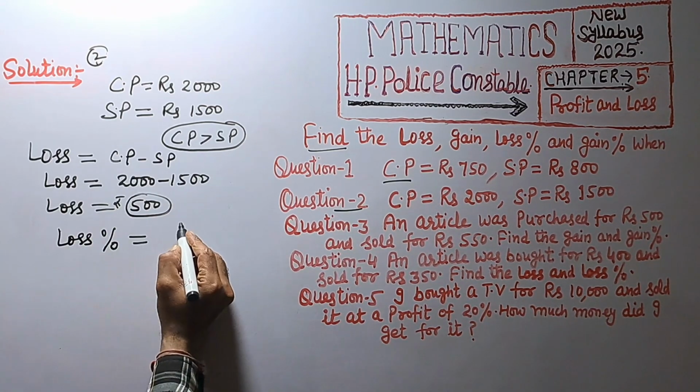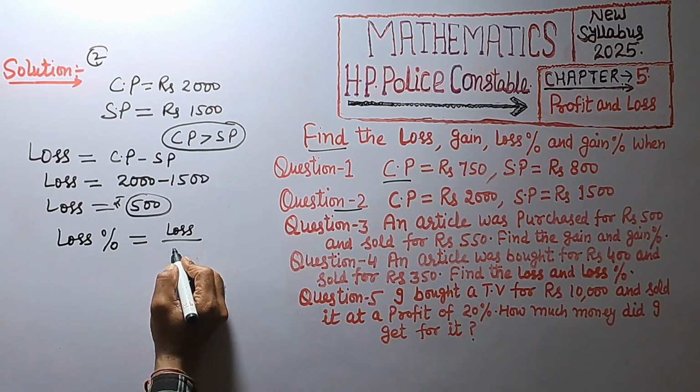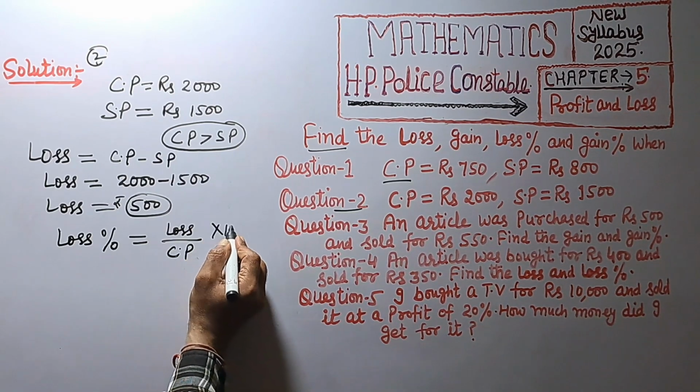Loss percent is equal to loss upon CP multiplied by 100.